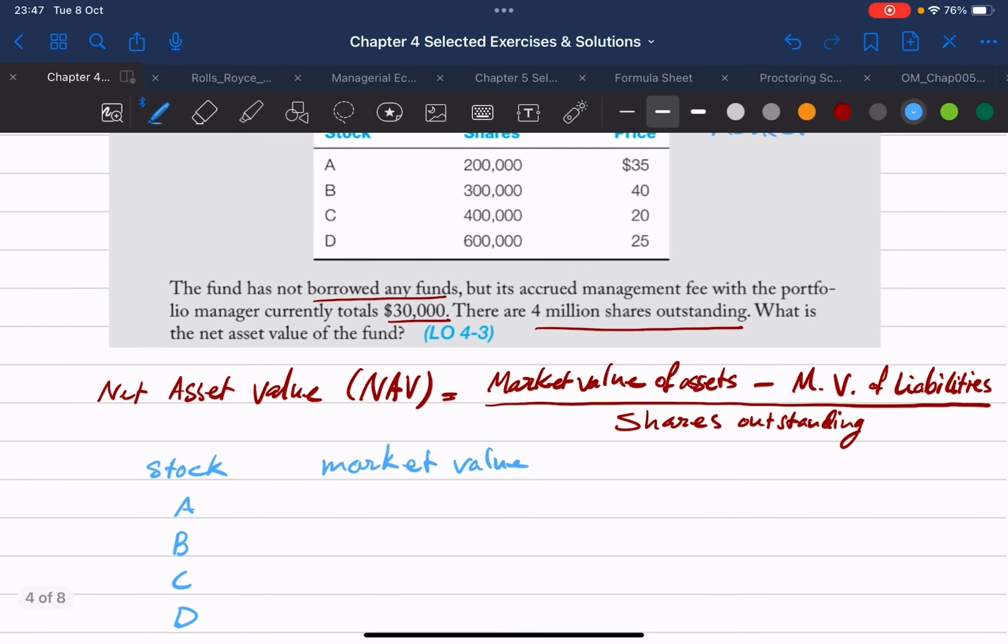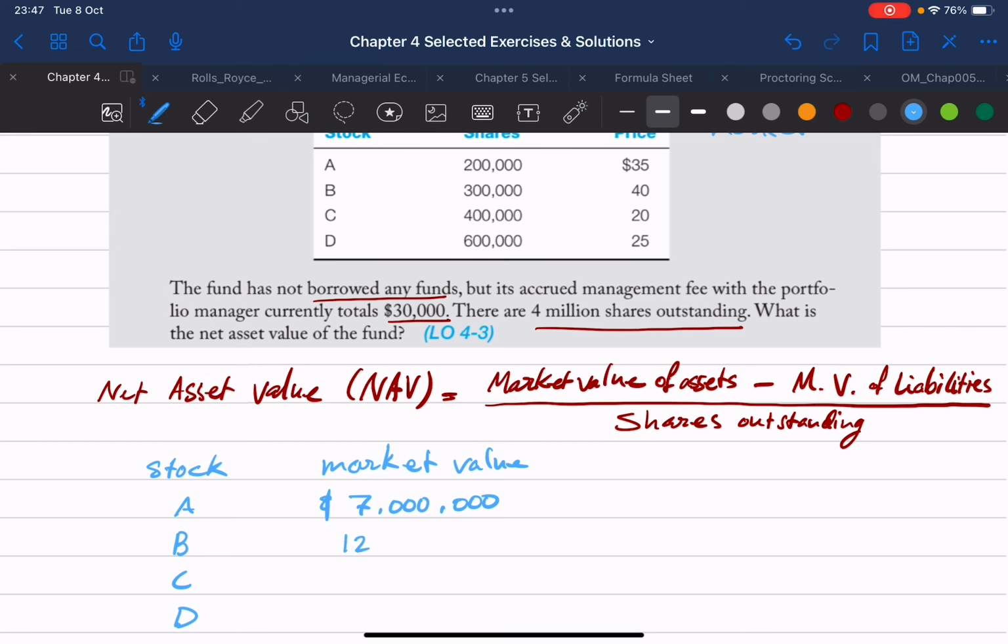So here for stock A, for example, we know that the fund owns 200,000 shares, and each stock is worth $35. So that's 200,000 multiplied by 35. That will give us $7 million. For B, 300 shares outstanding multiplied by 40, which is the stock price.